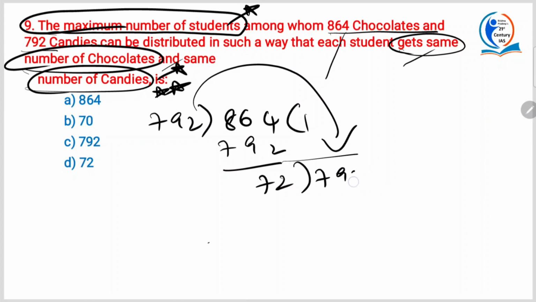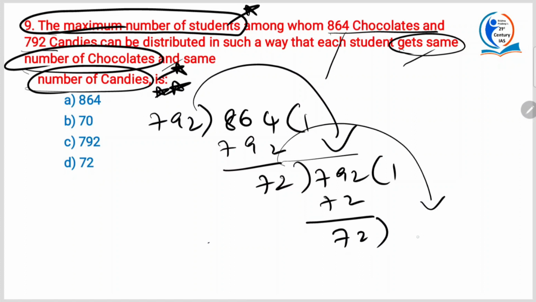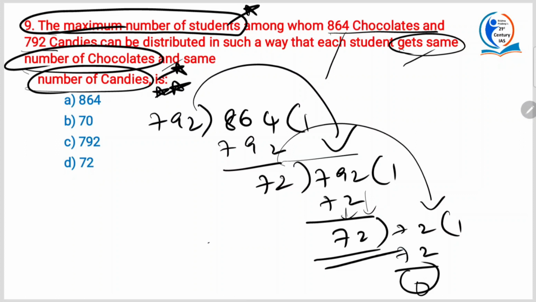It will be 792 again. 1s are 72, 72. 1s are 72, 0. So 72 is the maximum number of students which satisfy this particular condition. So 72 is the answer.